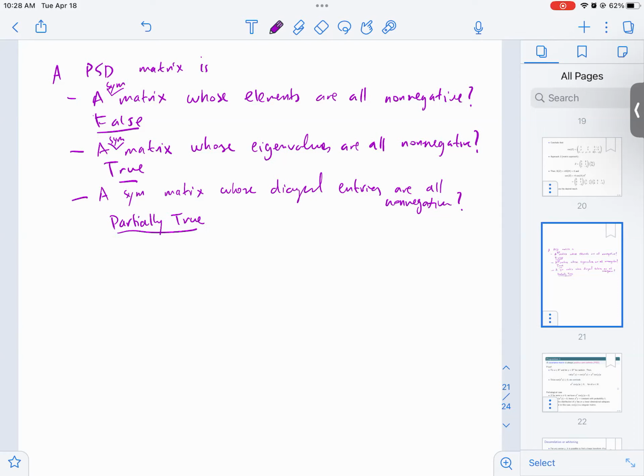Right, so it's not enough. So it's necessary, but not sufficient. So this is both necessary and sufficient, an equivalent characterization using eigenvalues. But diagonals are always going to be non-negative if it's PSD, but you could have a matrix whose diagonals are non-negative, but it's not PSD.